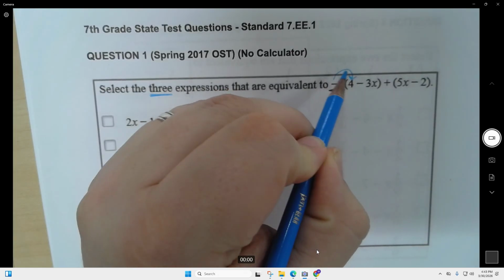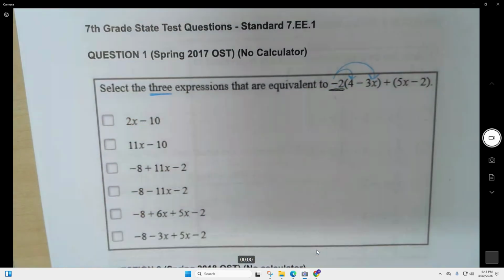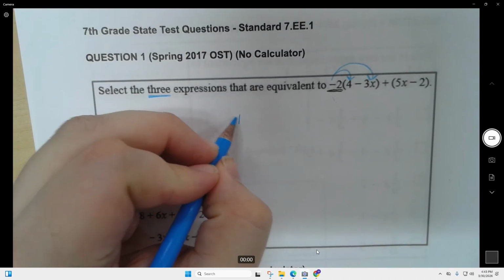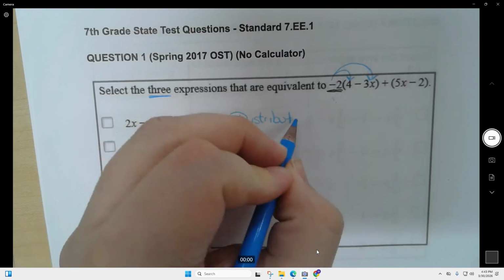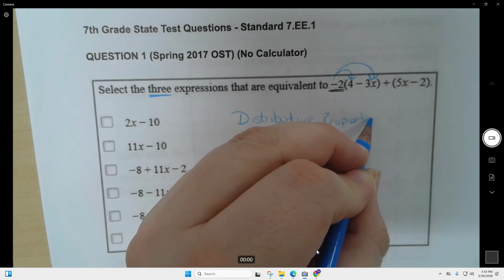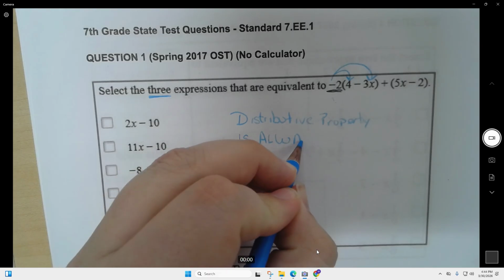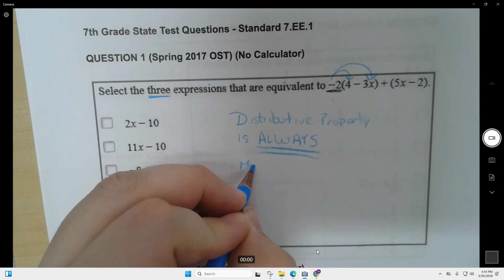You are distributing this -2 to everything in this parenthesis. Okay? And when do you do the distributive property? Distributive property is always multiplication.